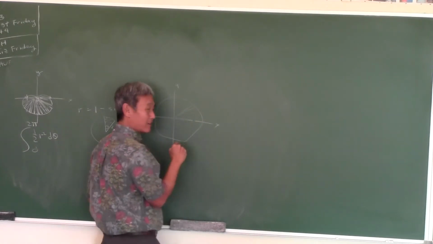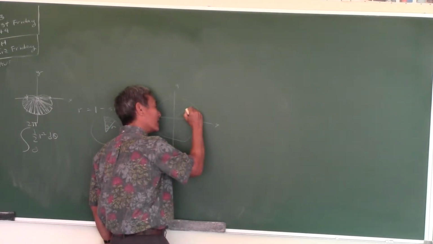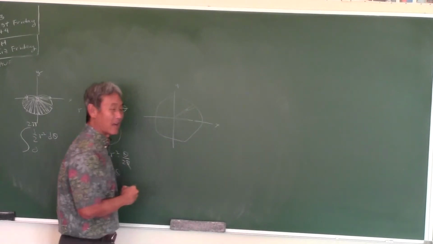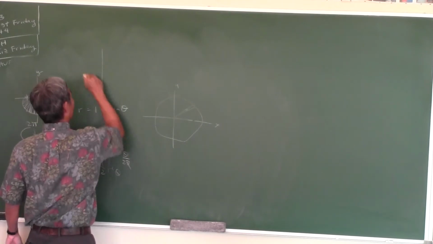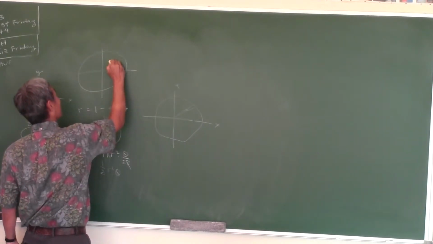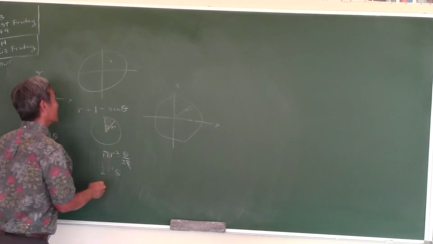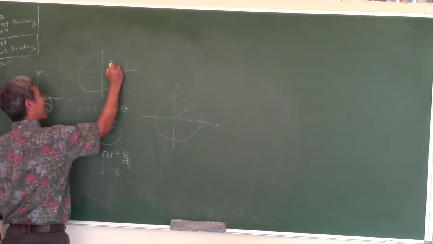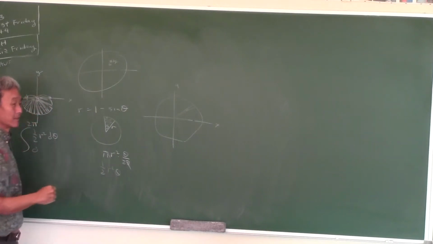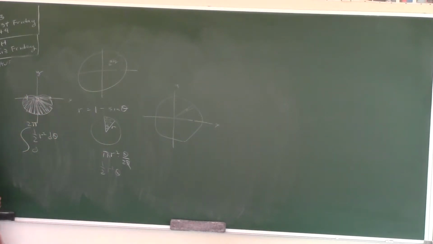So you have a sector of infinitesimal width, but then we're going to take a tiny piece out of it like that. Just like when we did the double integral in the rectangular coordinate system, we took an infinitesimally small rectangle like this, dx times dy, right? But what is it in the polar coordinate system?